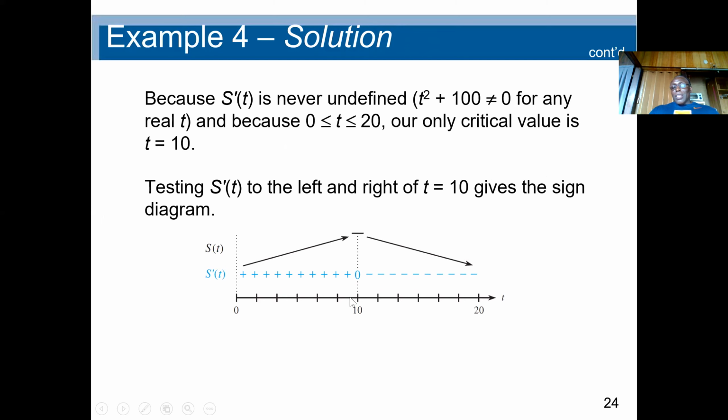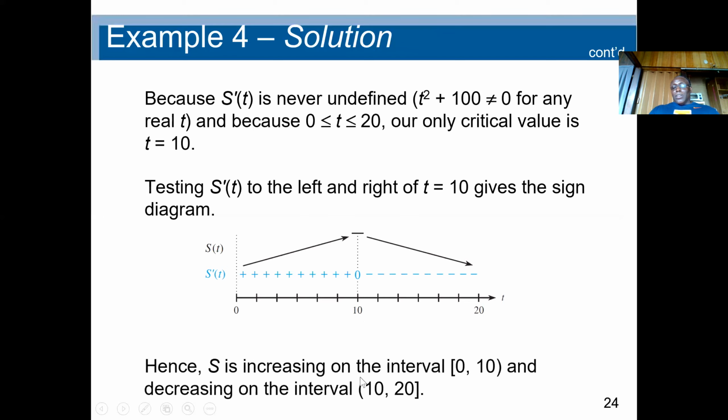So I'll use 1 here and I'll use 11. We get a negative value for the first derivative for 11, because it's less than 0. If I use any value between 1 to 9 here, my answer will be positive. So this means the increasing interval is from 0 to 10, right before 10, and decreasing from 10 up to 20.